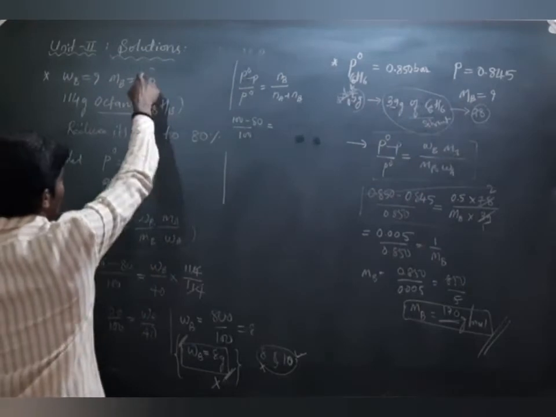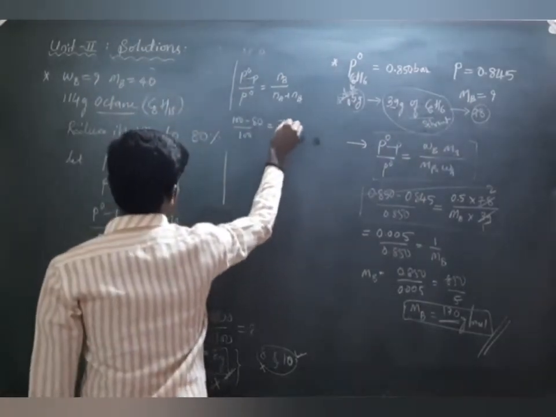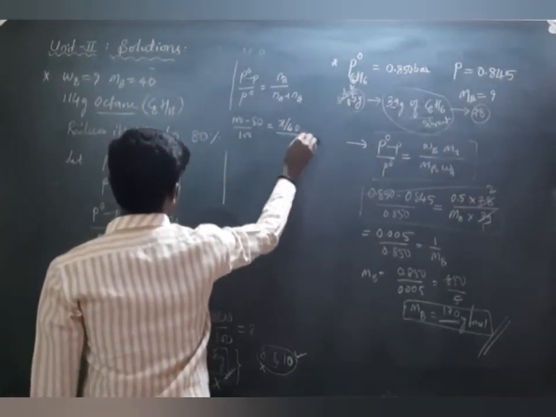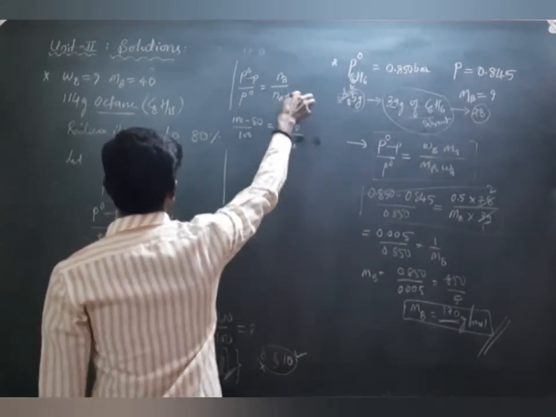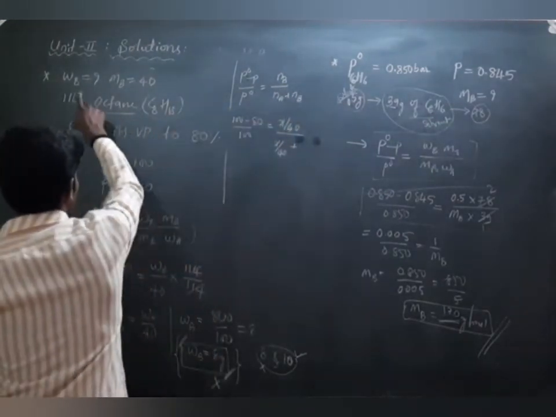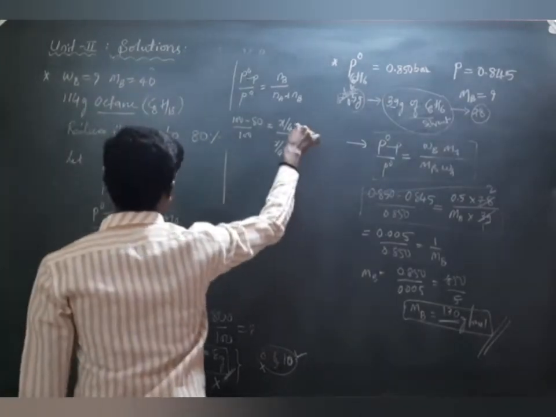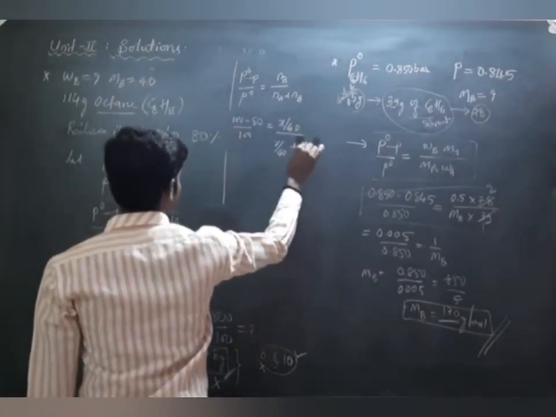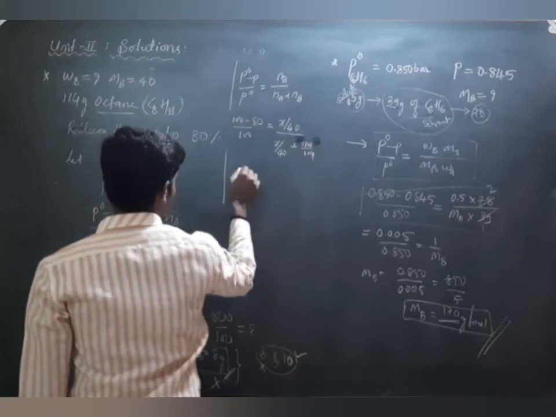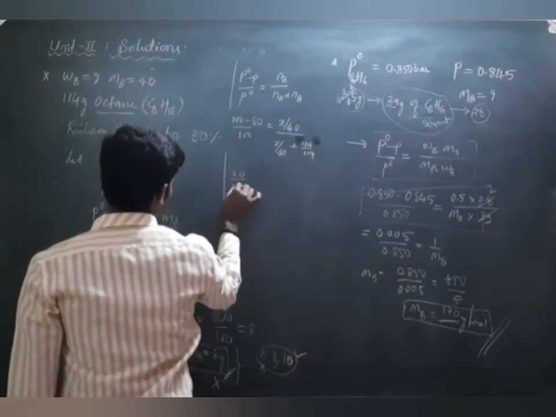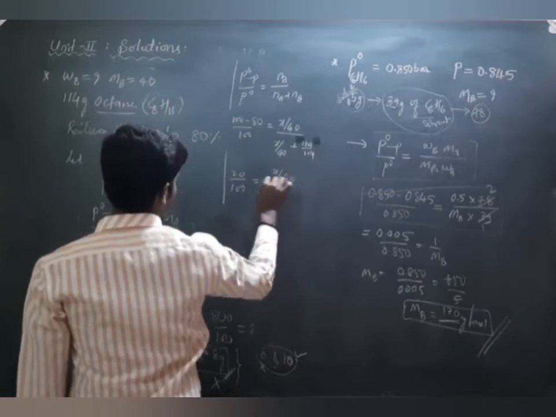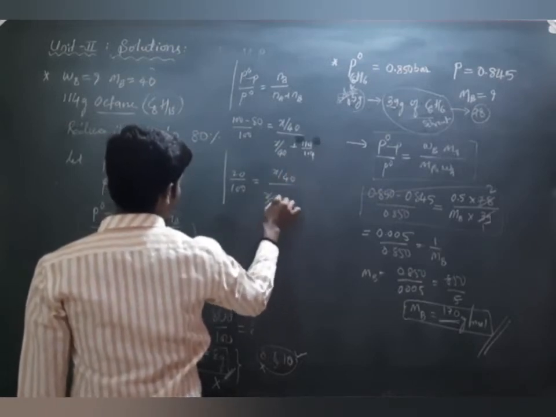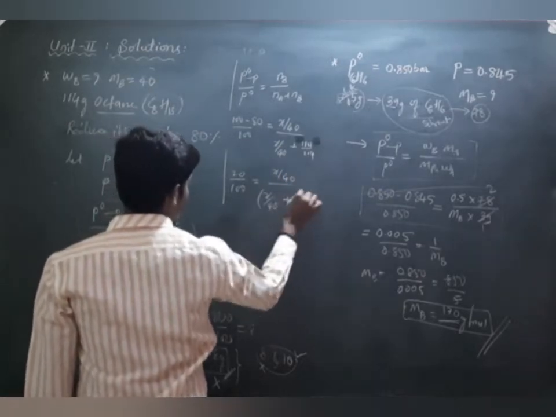MB value is given, and let the WB value be X. X by 40 divided by X by 40 plus WA by MA, that is 114 divided by 114. We will get 20 by 100 is equal to X by 40 divided by X by 40 plus 1.